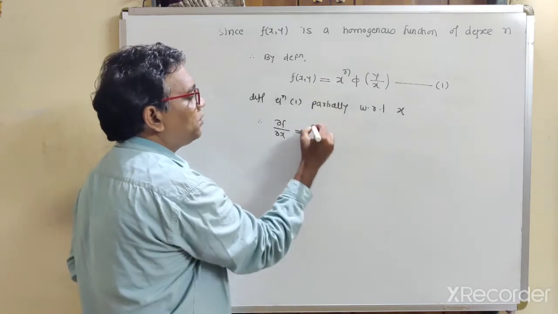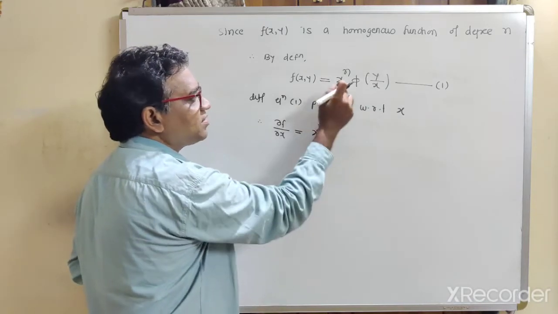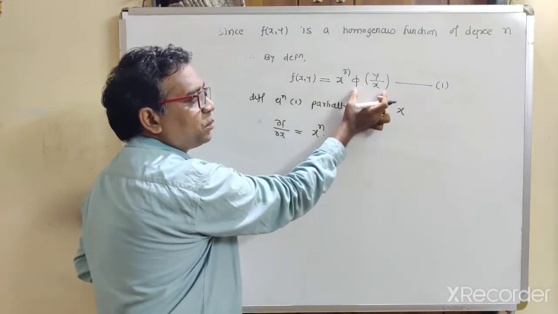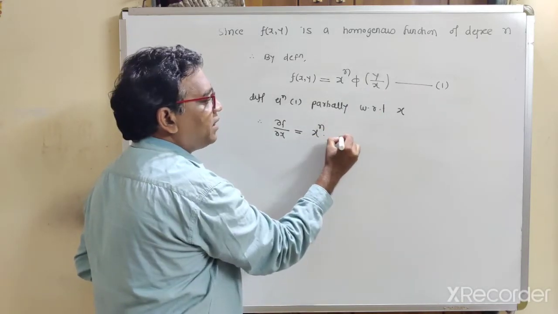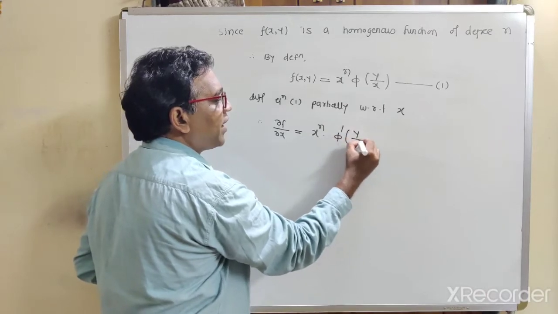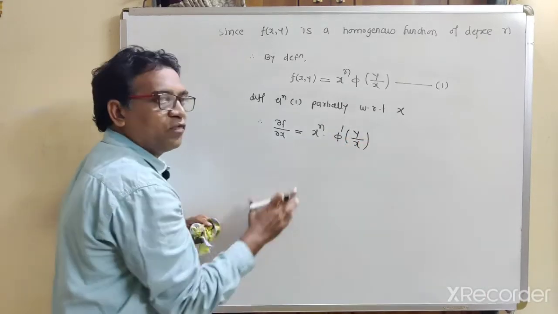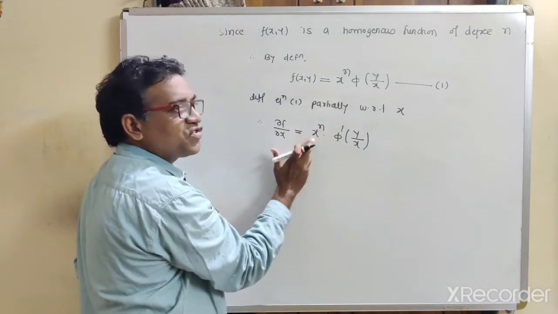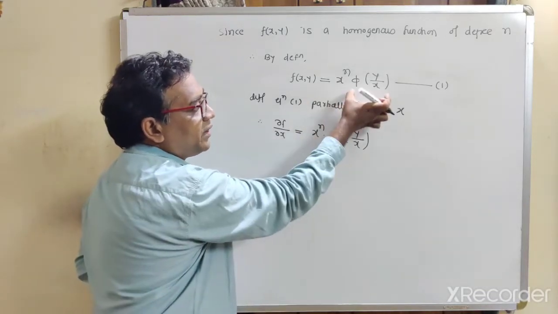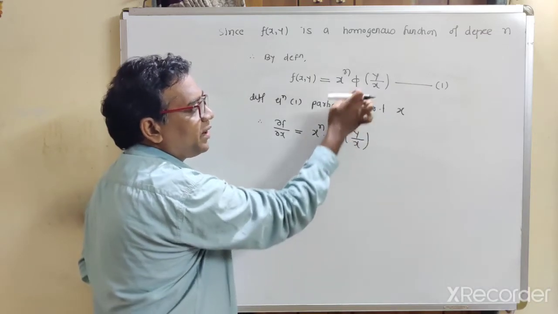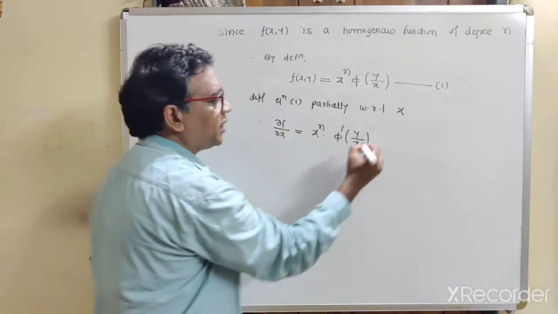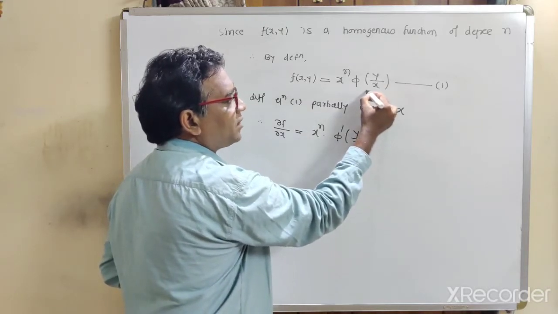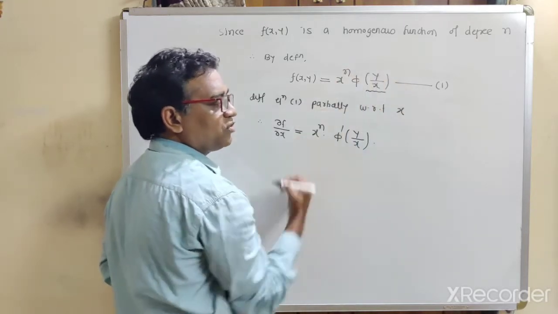So write down the product formula. First term as it is, x raised to n, into the derivative of the second term. Derivative of phi is phi dash, into, according to the chain rule, the derivative of the inner function.